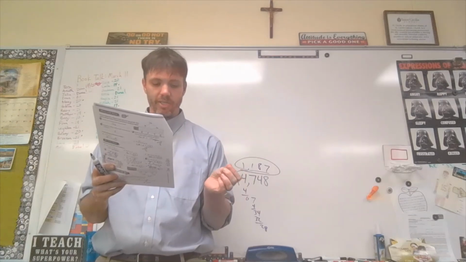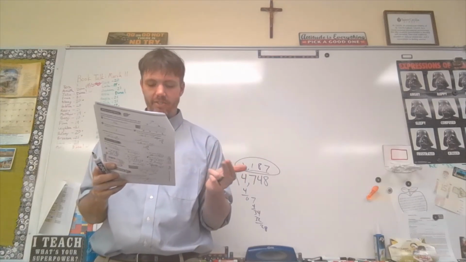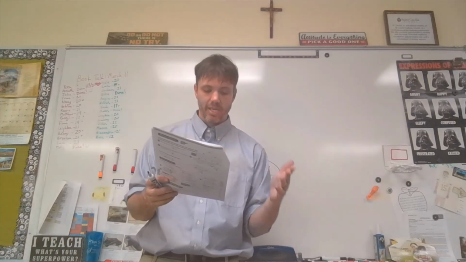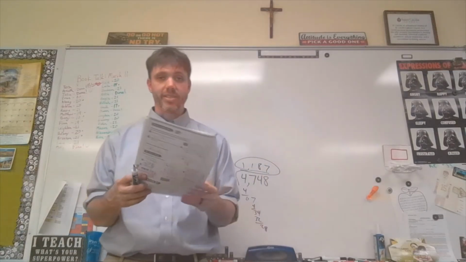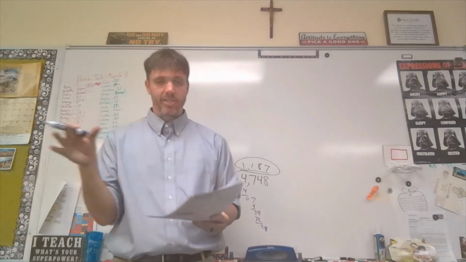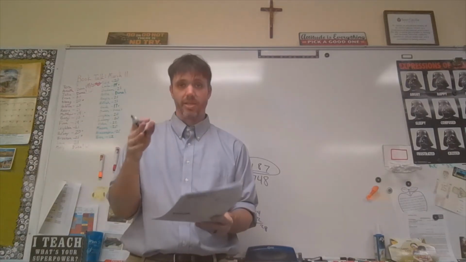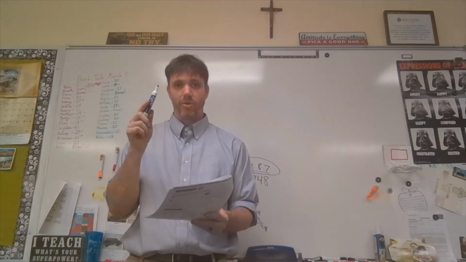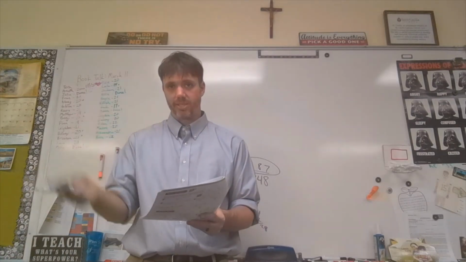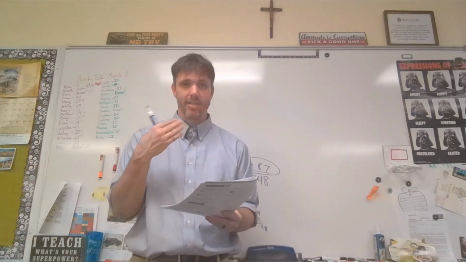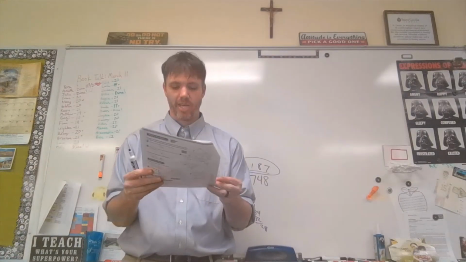However, on number 14, it says, in the snowfall table above, suppose the amount of snowfall for each of the next 3 months was 6 inches. So that does not mean that over the next 3 months they get 6 total inches of snow. That means that every month for 3 months they get 6 inches of snow, which would be 6 plus 6 plus 6, which is 18. So don't add in 6 one time, add in 18, and that'll help you with the average.